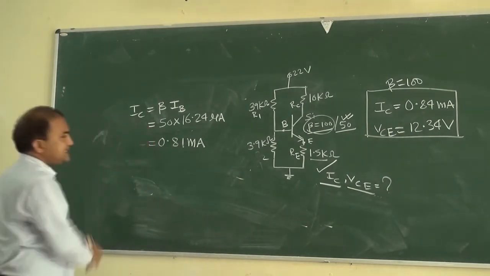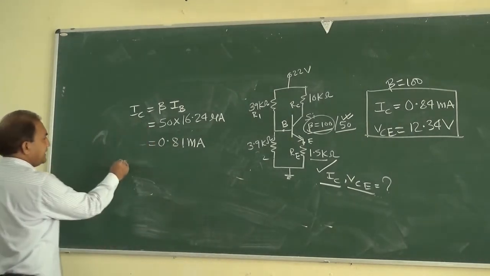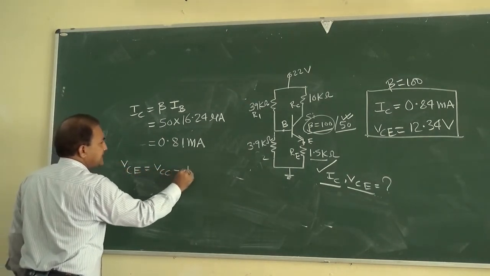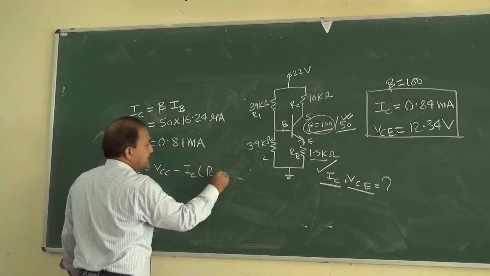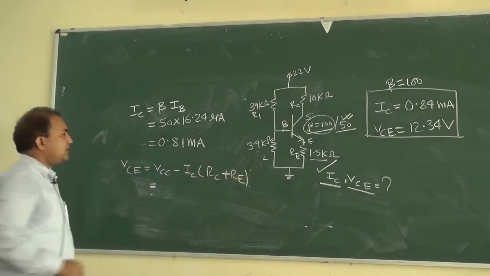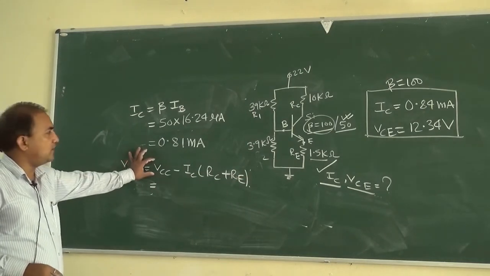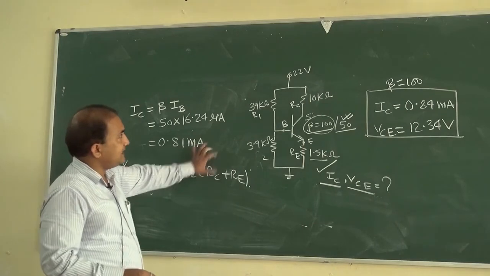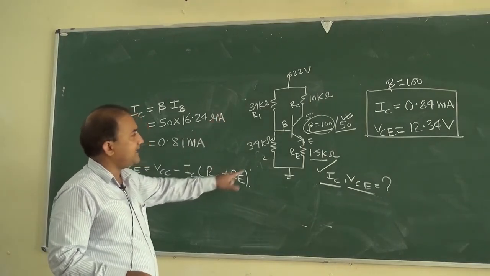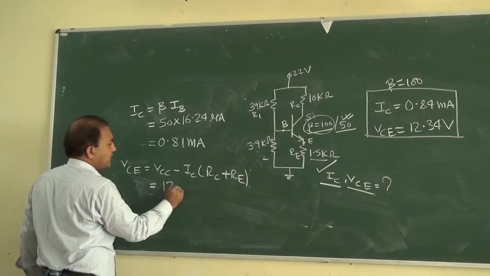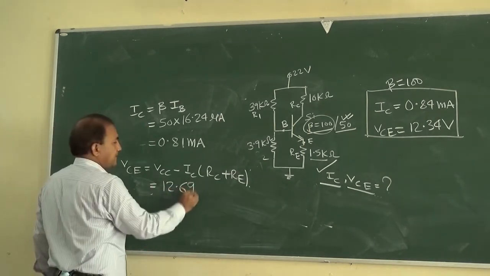And again we have to determine VCE. VCE is equal to VCC minus IC times (RC plus RE). VCC is given as 22 volt, IC is 0.81 milliampere, RC is 10 kilo ohm, RE is 1.5 kilo ohm.